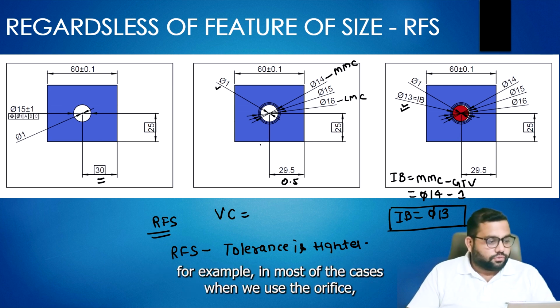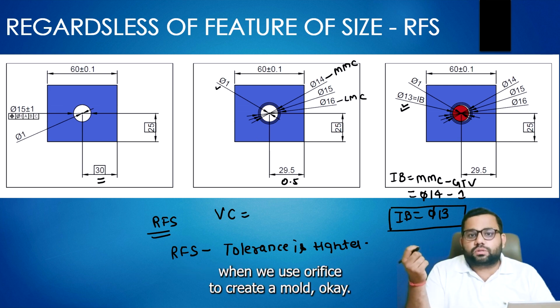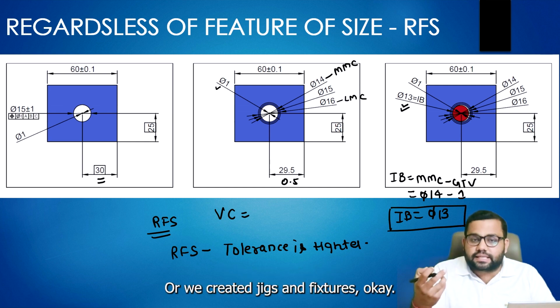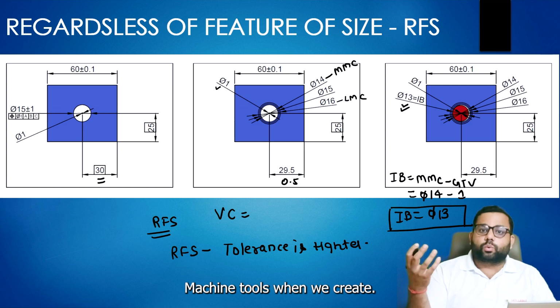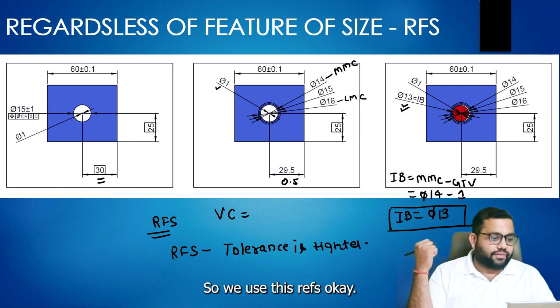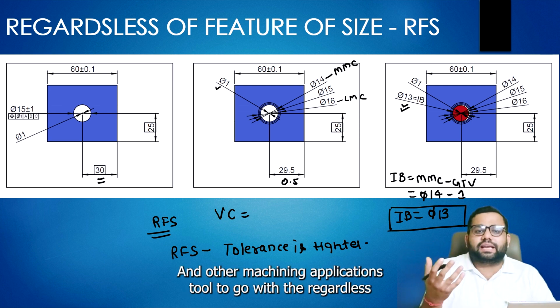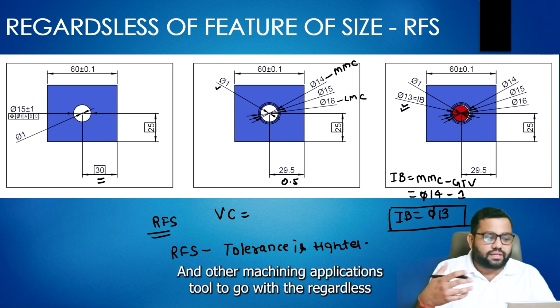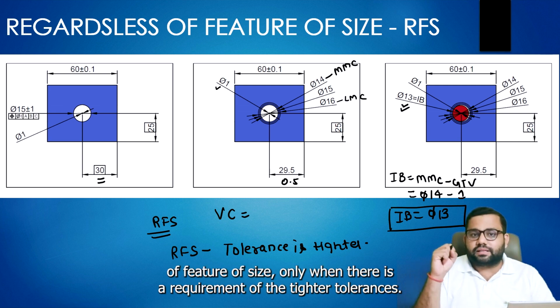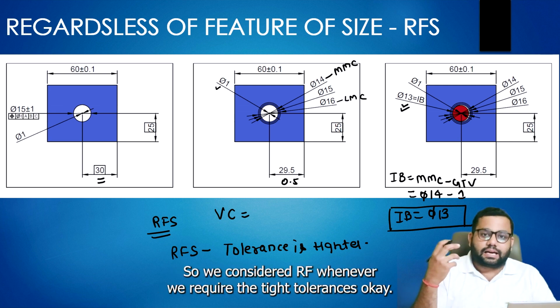For example, in most cases we use RFS when we create a mold, or jigs and fixtures, machine tools, and other machining applications. We consider RFS whenever we require the tighter tolerances.